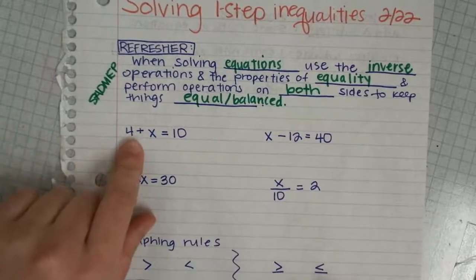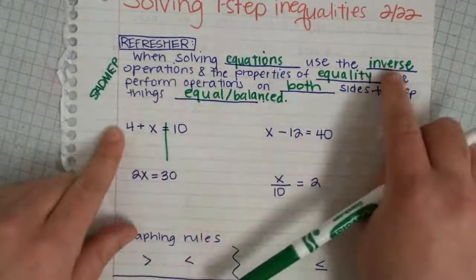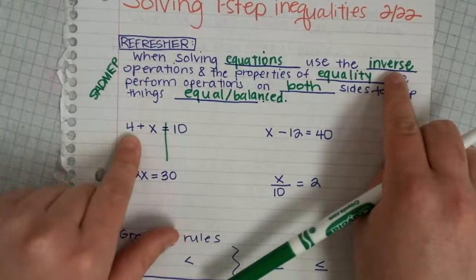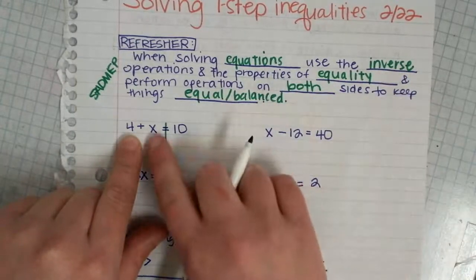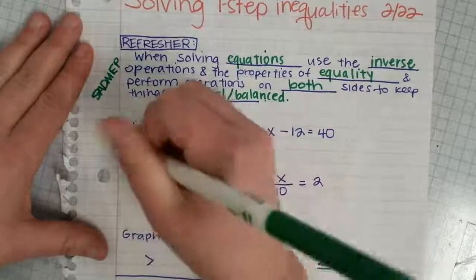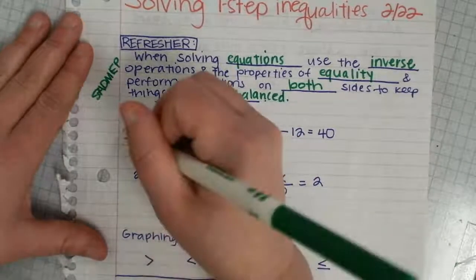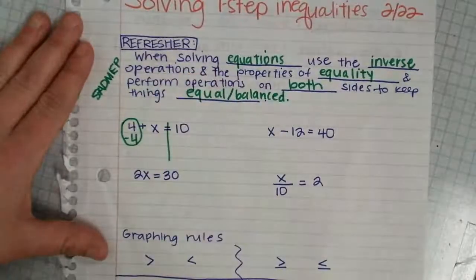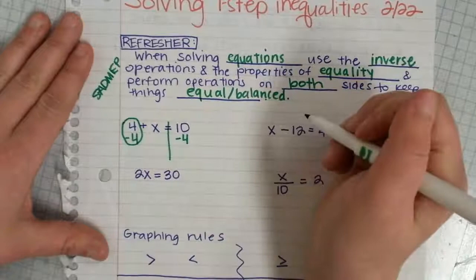So if I have 4 plus x equals 10, I'm going to use the inverse operations. If I have a positive 4 and it's being added, then in order to move this 4 and isolate the x variable, I need to subtract 4 so that I make 0. If I do it to one side, I have to do it to the other as well.